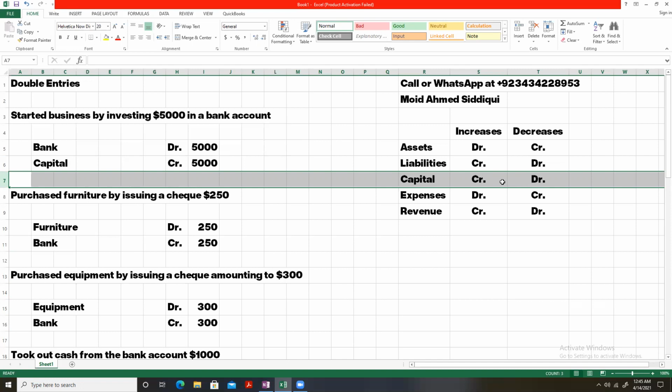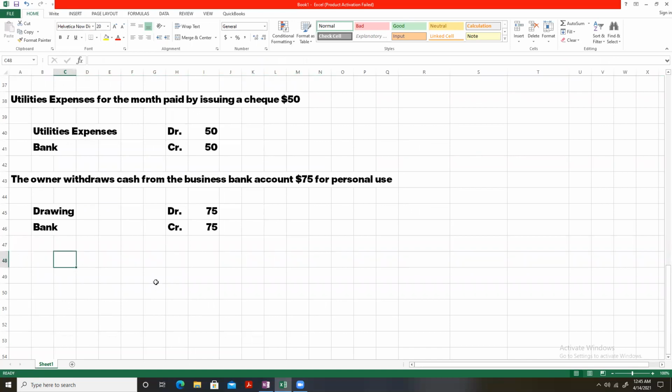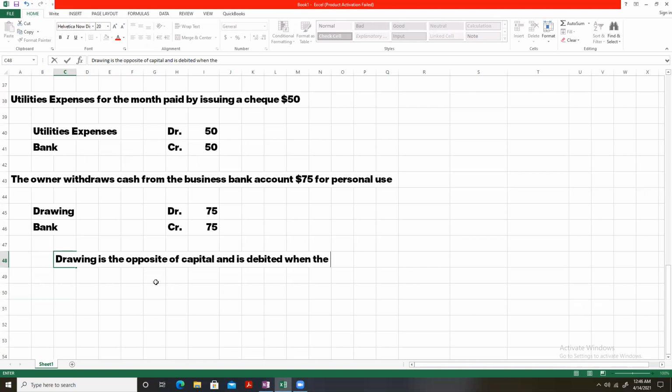But since drawing is the opposite of the capital, when the owner takes out something from the business for his or her personal use, we debit the drawing account, as drawing is the opposite of capital and is debited.